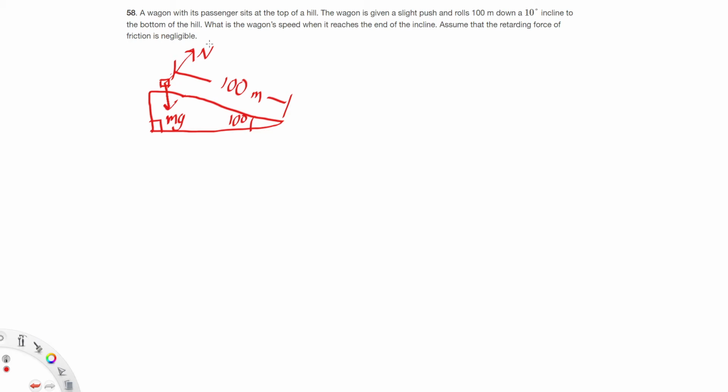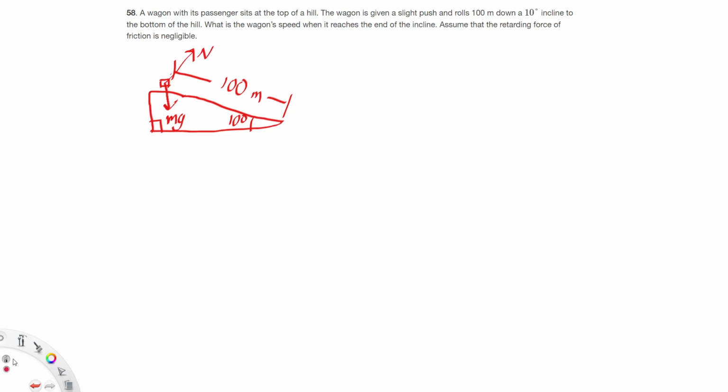We could solve for an acceleration down the hill, and then we could use our kinematics to solve for the speed at the end of the hill. But that seems like a lot of work, and also we're in a chapter about energy, not kinematics.